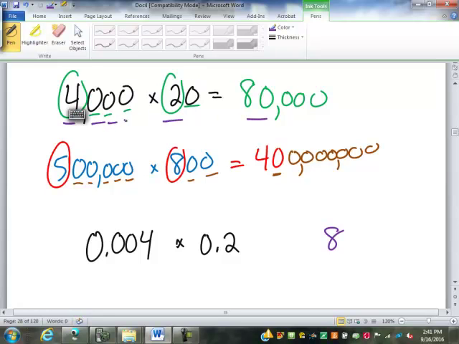I had 3 zeros and 1 zero combined to give me 4 zeros. Down here, it's not the zeros that combine, it's the decimal places. I have 3 decimal places and 1 decimal place. My answer has to have 3 plus 1, or 4 decimal places. Notice it's not 4 zeros. It's 4 decimal places.